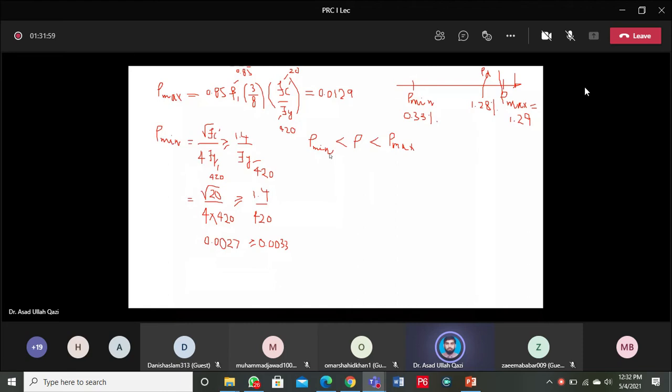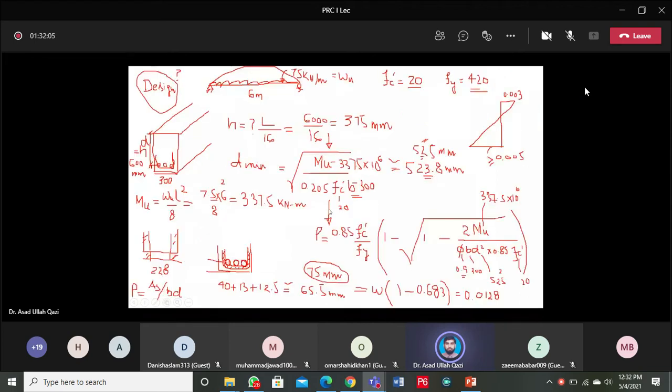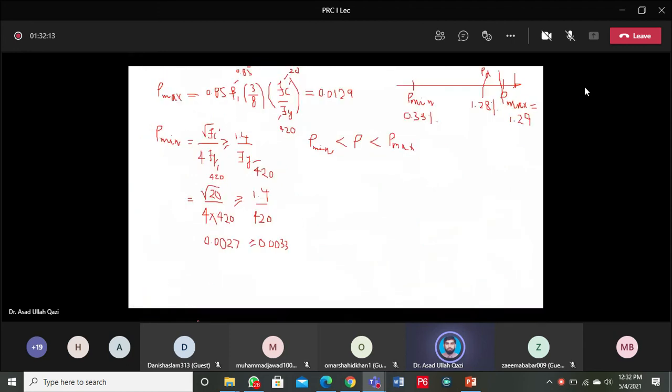I am rightly selecting 5.9. So now I am allowed to calculate area of steel, which will be equal to rho BD. So As will be rho into b into d.